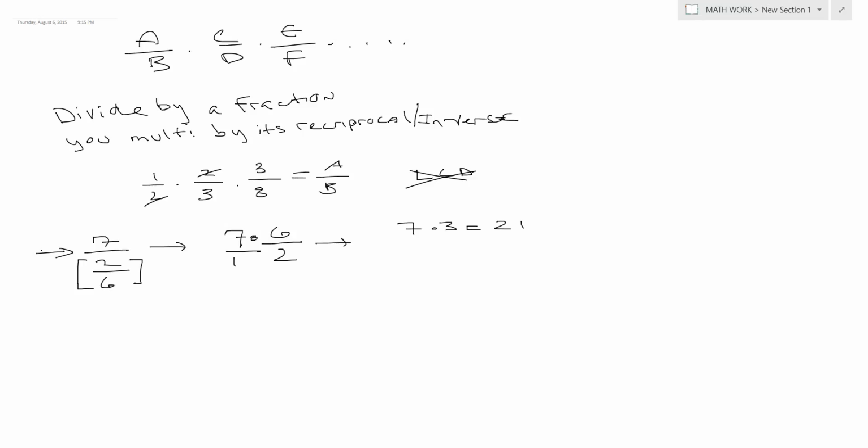So now I'm going to incorporate this idea of dividing by a fraction with mixed numbers. Remember we said a mixed number is written something like this, 1 3/4, right? It's a whole with a fraction, and it can be converted into an improper fraction, right?